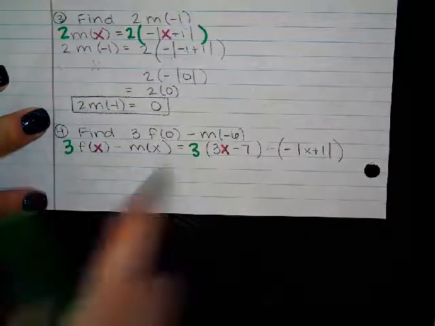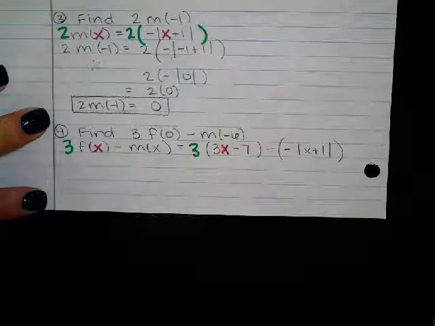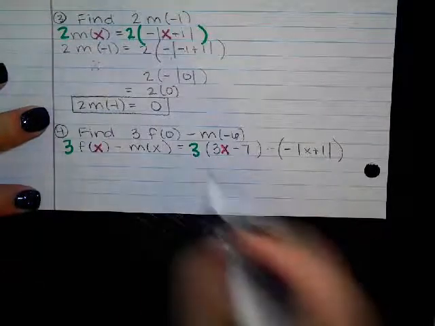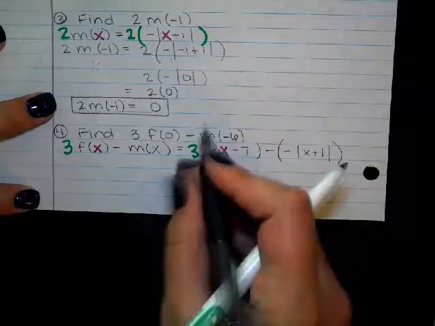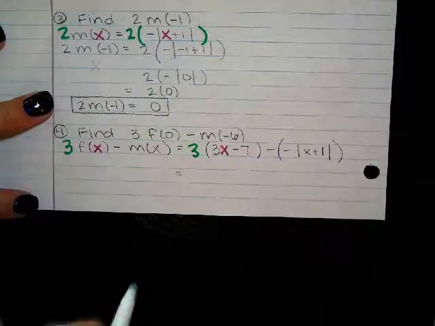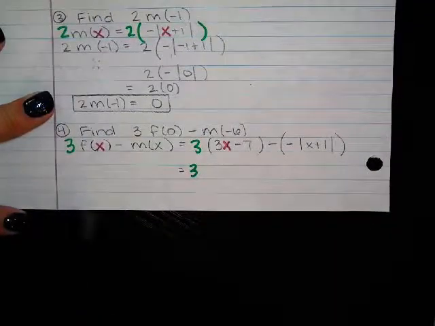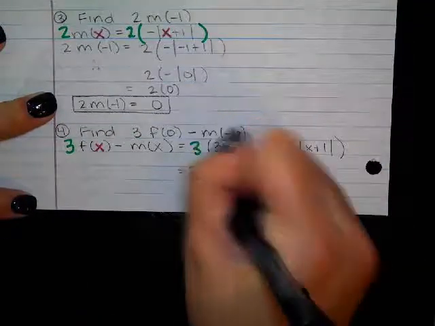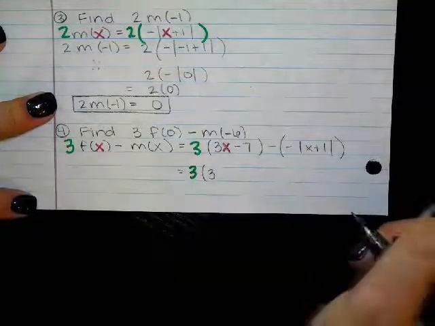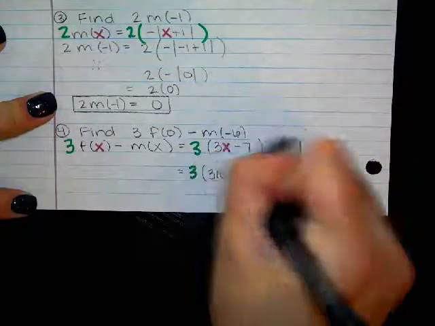So whenever you're doing colors, do just enough to make sure that you're not confusing yourself. I do really think that using colors, well, you guys know I love using colors to help keep myself from getting confused with things. So 3 times, and then here I've got 3 times 0 minus 7 minus, okay?